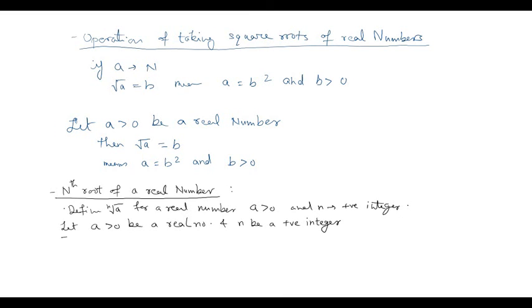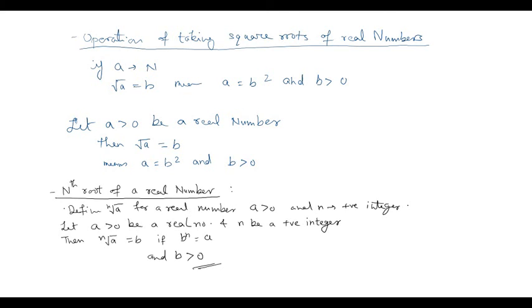Then we can say nth root of a is equal to b only if b to the power n is equal to a and b is always greater than 0. In this way, we can calculate any root of a given real number.